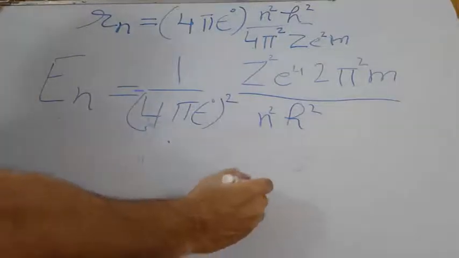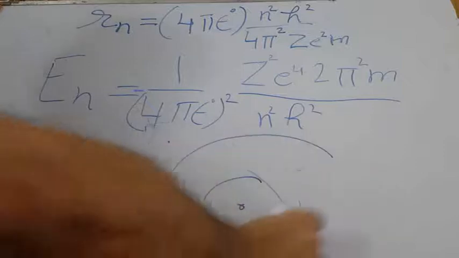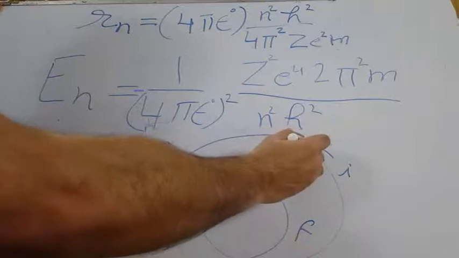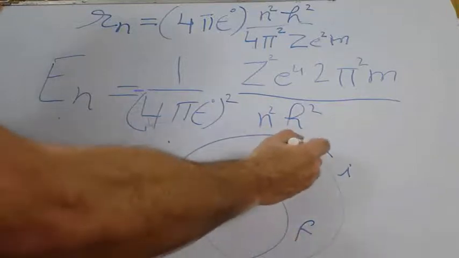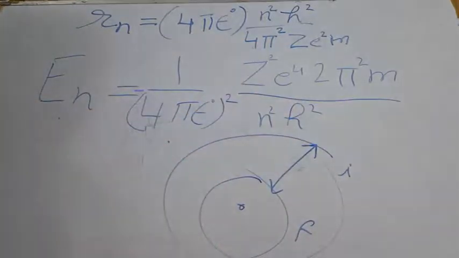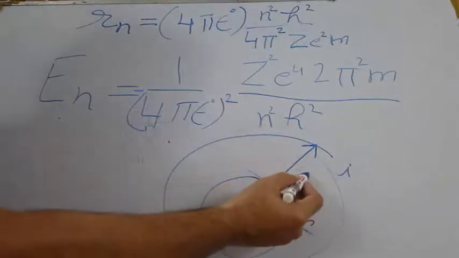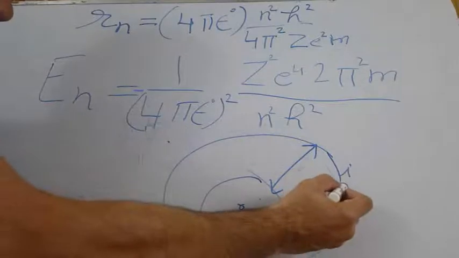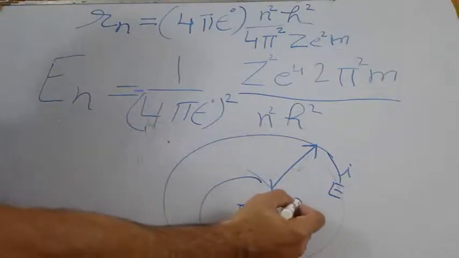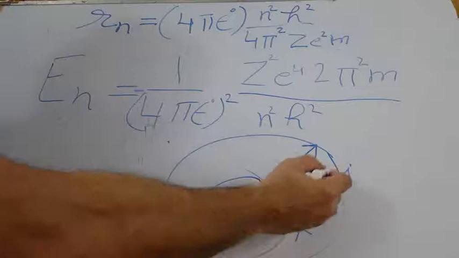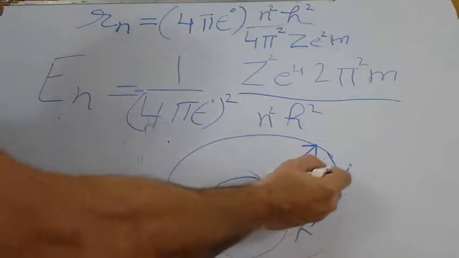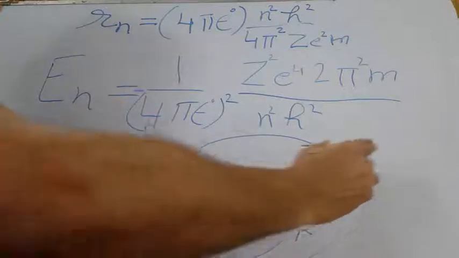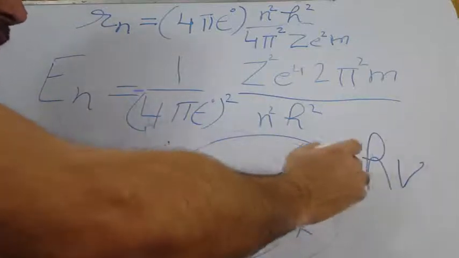Now, see, this is initial, this is final. Therefore, in transition, the energy released would be the change in energy of the electron. The energy of the electron in this orbit, energy of the electron in this orbit, what is the difference? That difference is emitted out in the form of a single photon, which is equal to h nu.